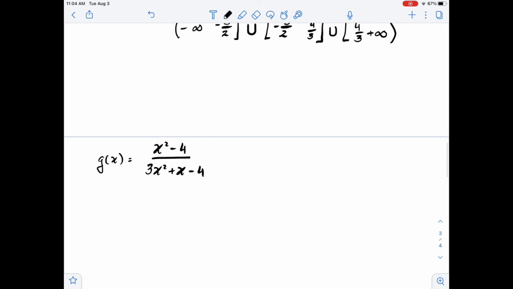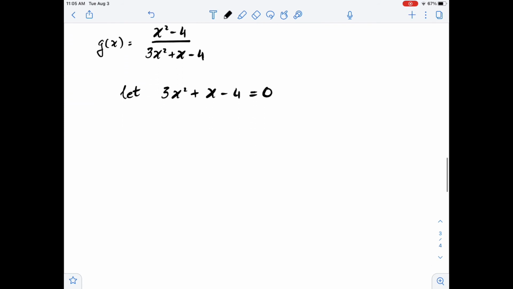And so what I'm going to do is let 3x squared plus x minus 4 equal 0, and solve. All right. So I have a quadratic trinomial, and when I'm trying to solve quadratic trinomials, as we've seen in the past, I need to either factorize it, or if I can't factorize it, use maybe my quadratic formula or something like that.